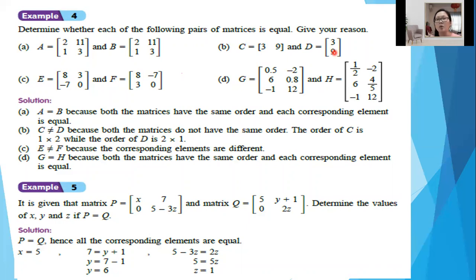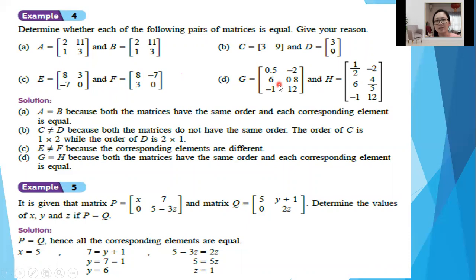So they are not equal matrices. Next, 2 by 2 and 2 by 2. 8, 8. 3, negative 7. Okay. They have the same order, but unfortunately, they don't have the same corresponding elements. So they are not equal matrices.